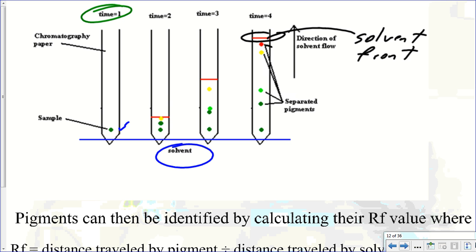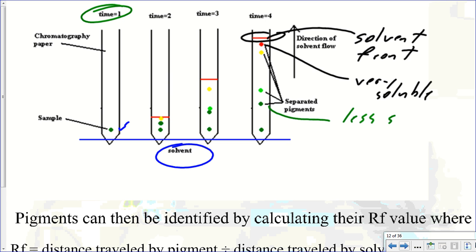So we can see here that the red one would be very soluble, the yellow not quite as soluble, and the two at the bottom would be somewhat less soluble. There may be some pigment that is left at the beginning, and these ones that didn't move at all here, they're ones that would not be soluble in the particular solvent that we're using here.